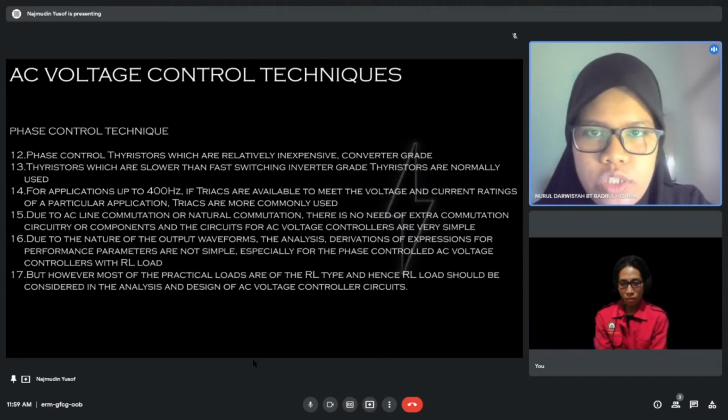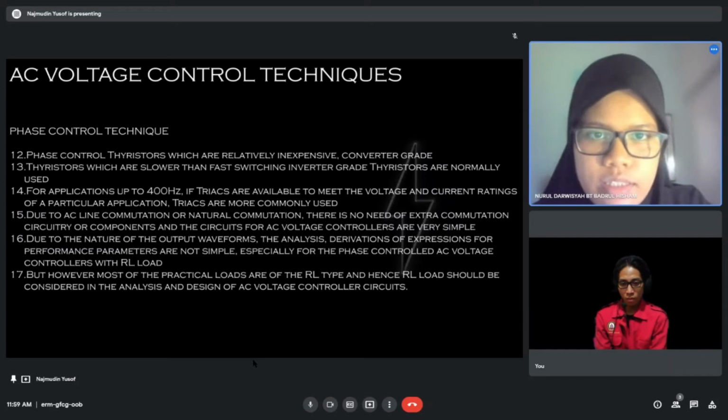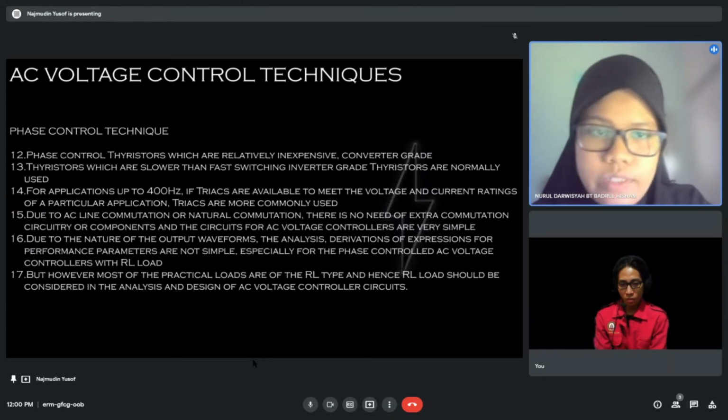16. Due to the nature of the output waveform, the analysis and derivation of expressions for performance parameters are not simple.